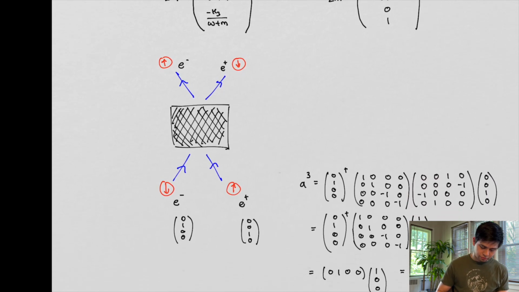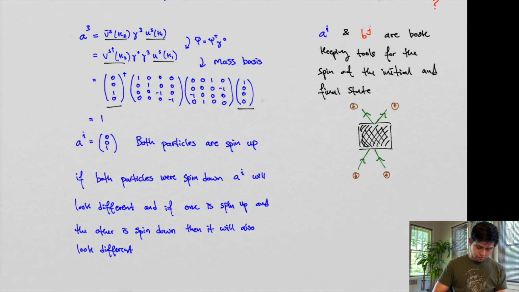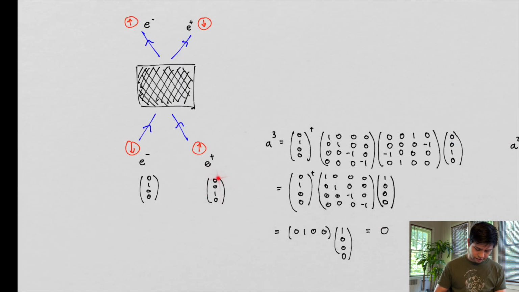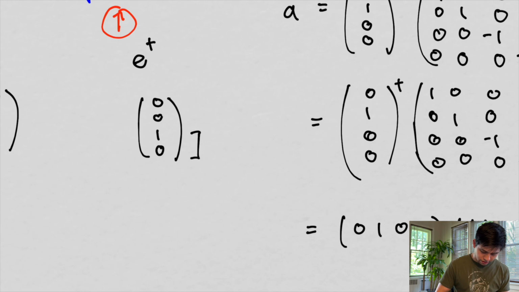Let's do another example. It's always good to do examples. Suppose we had spin up and spin down this time. We had one spin up here already, right? So our spin up, this guy, is right here. This is our positron. Before we actually do this, the positron, guys, the 1 is either going to be in these 2 slots.